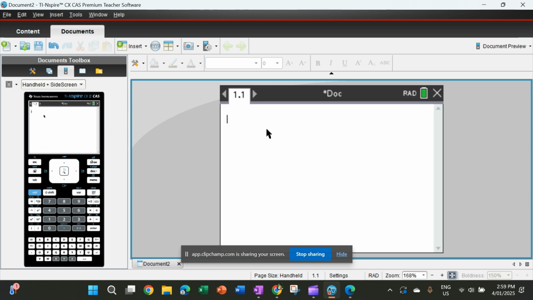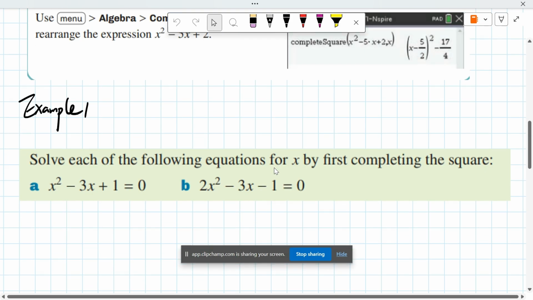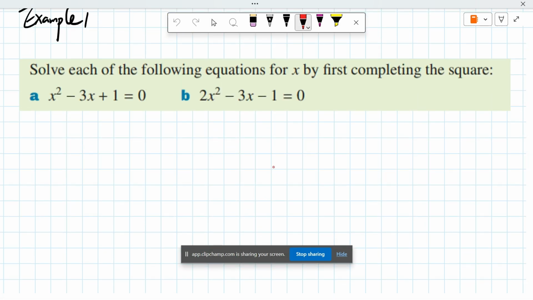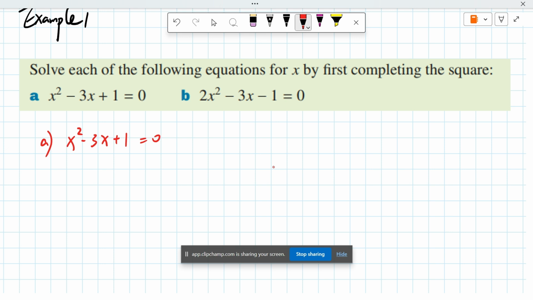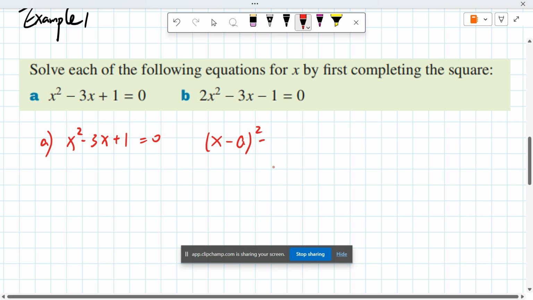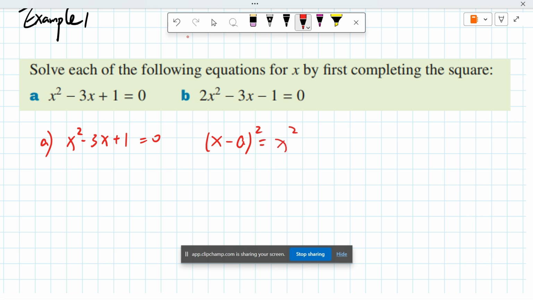So now we're gonna try to do completing the square with x equal to 0. What we do in this question by hand: x squared minus 3x plus 1 equal to 0. I'm going to try using x minus a squared equal to x squared minus 2ax plus a squared.